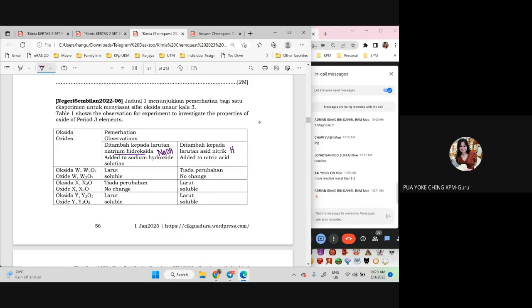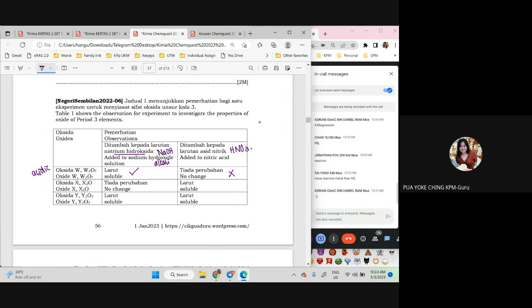This is the acid, HNO3. This one can dissolve, this one no dissolve, so oxide W is acidic oxide. NaOH is alkali, so when it can react with alkali, it means it's acidic oxide.